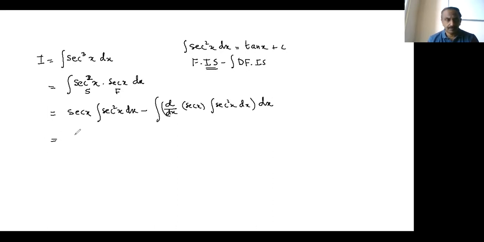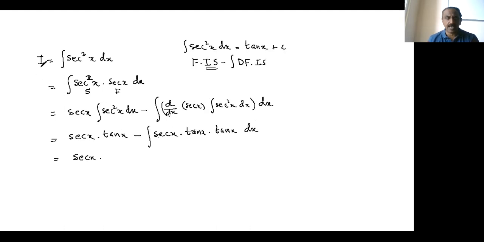That became sec x into tan x minus integral of sec x into tan x, again integral of sec square x will become tan x, into dx. That is, integral of sec square x is replaced by tan x. Derivative of sec x is replaced by sec x into tan x. Integral of sec square x, one more tan x will come. Now, that's all we do with integration by parts.